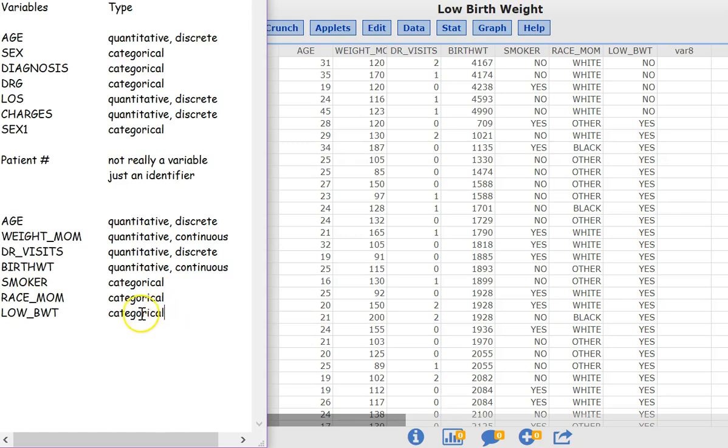So for example, what percent of the babies in this data set are low birth weight, or what percent of the mothers were smoking during their pregnancy. That's the type of things we tend to do with categorical variables instead of the other things that we do with quantitative variables. So that's why it's really important to identify what type of variable you have.